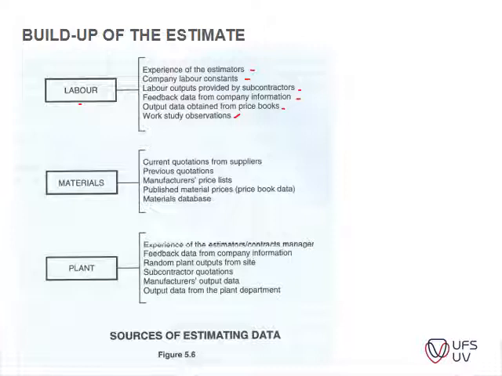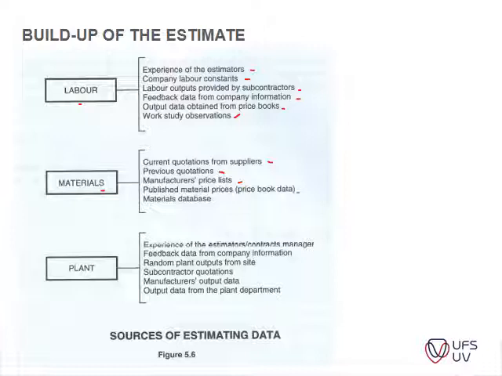Then you've got your materials, you've got your current quotations from suppliers, your previous quotations, if you've maybe done a tender beforehand or you're currently busy with a project, you can use those rates on your tender again. Then manufacturing price lists. So you can get a lot of information maybe from a price list of suppliers.